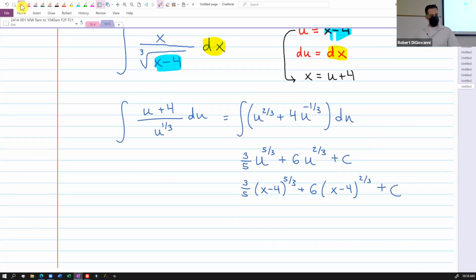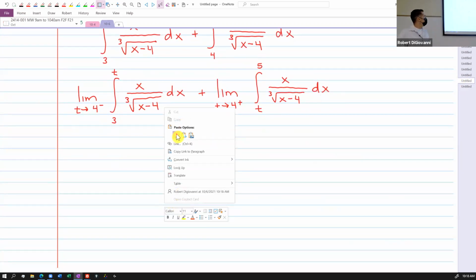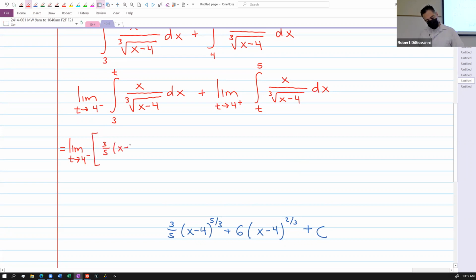I think I can just come here. Oh, it was on a different page, wasn't it? Yeah, here's where we were, right? And I stopped and went and found that antiderivative, which I just found to be this. I'm just going to put it here so I have something to reference. So back to this. We take a limit as t goes to 4 from the left of the antiderivative of this, which is all of that stuff, 3/5 x minus 4 to the 5/3 plus 6 times x minus 4 to the 2/3.